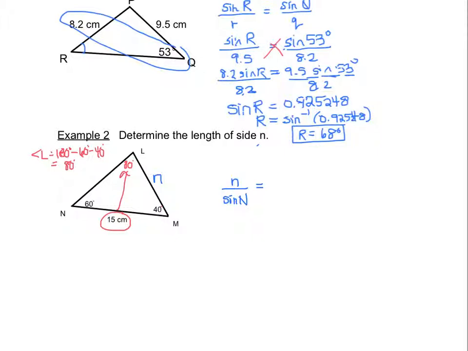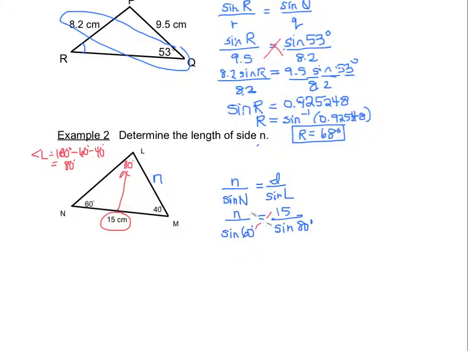So now on the other side of the equal sign in my formula, I'll be able to use L and sine L. Okay, we'll fill in the information we know then. So we know the angle N is 60 degrees. L is 15 centimeters. And sine L would be sine 80.